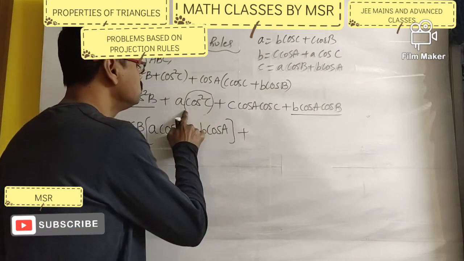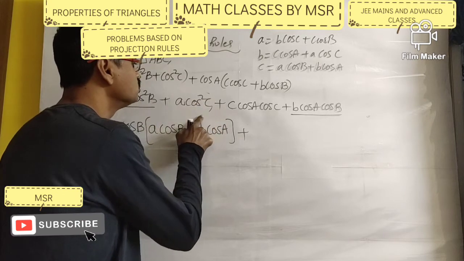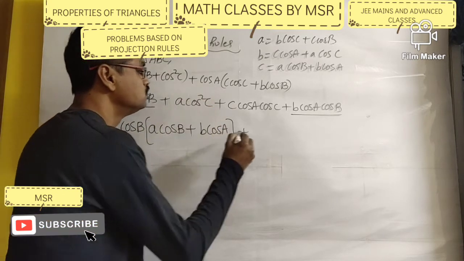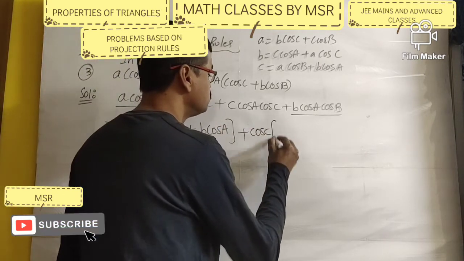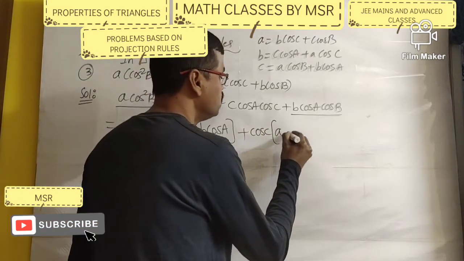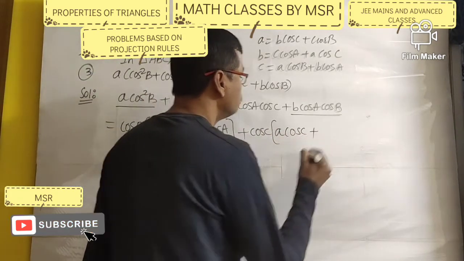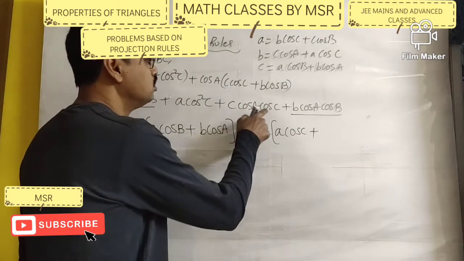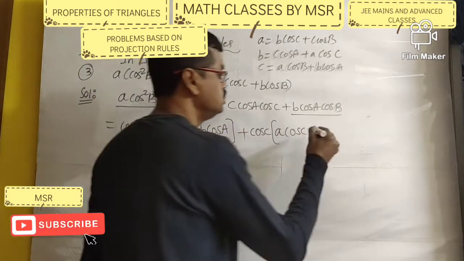As it is cos square C, we can take cos C common. So if you take cos C common, you are left with A cos C plus C cos A.